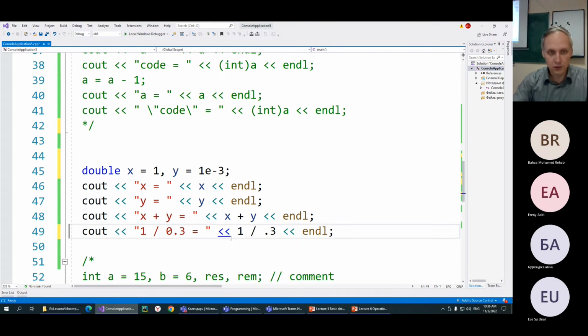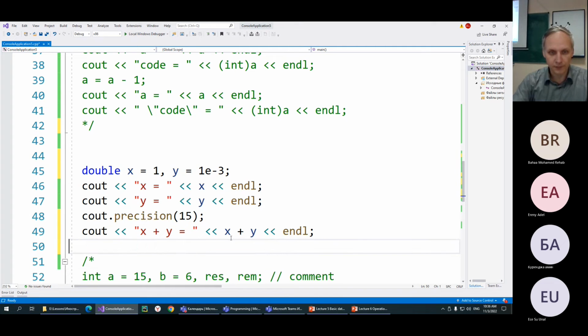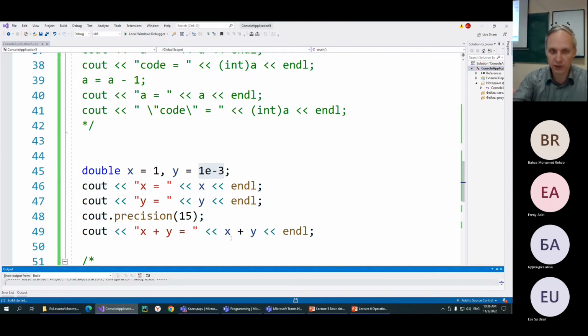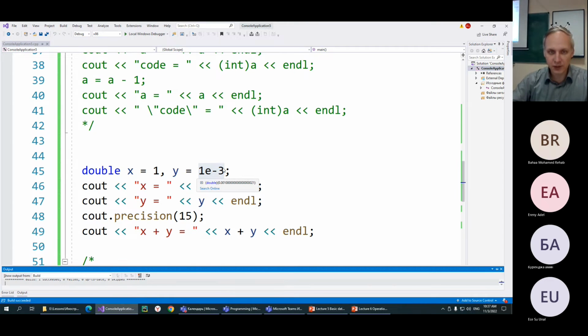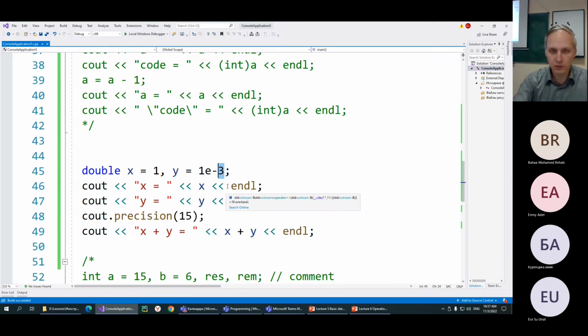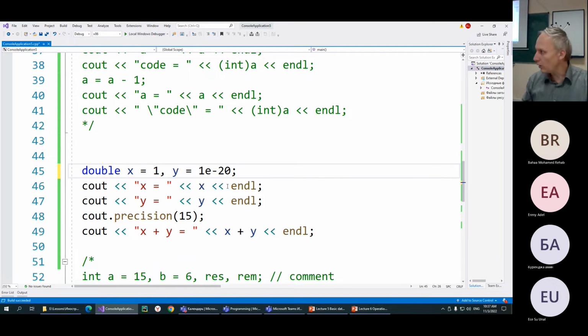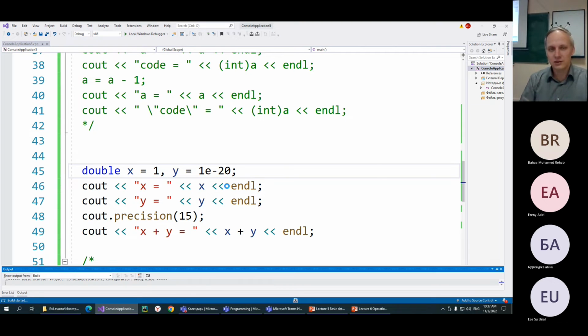Okay. Well, if you add 1 and 1.001, of course, the result will be precise. But if this power is smaller than the smallest possible power, the result will be wrong.